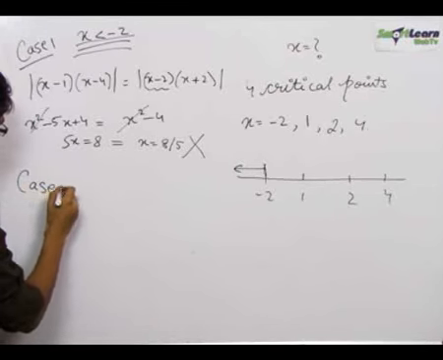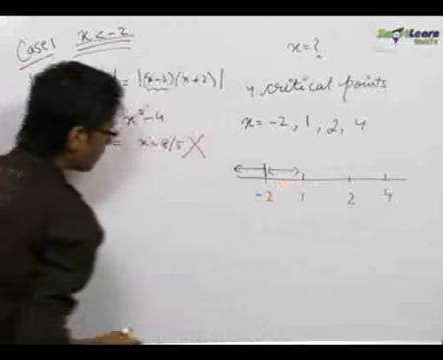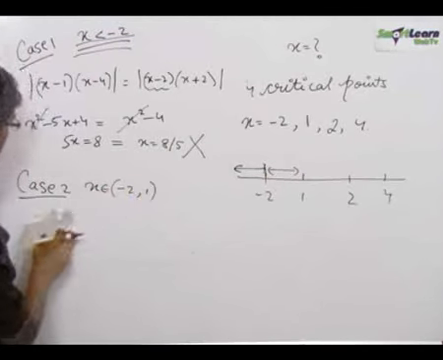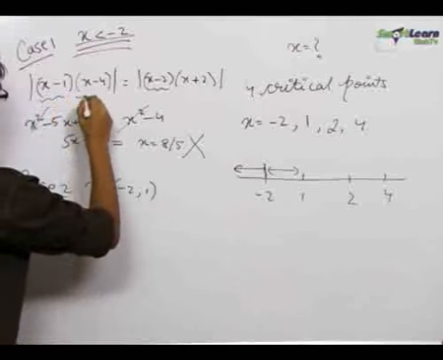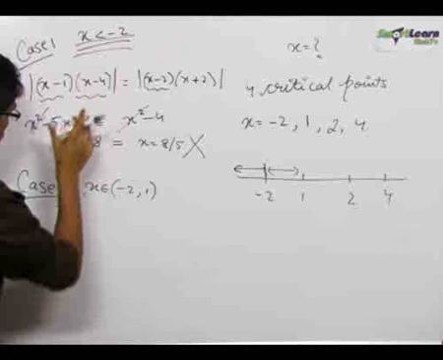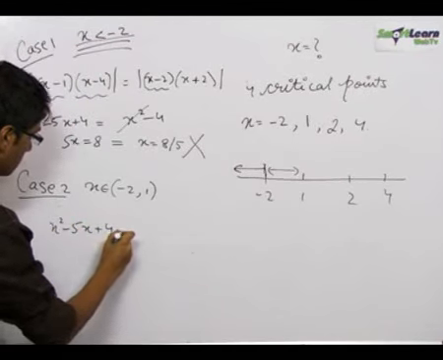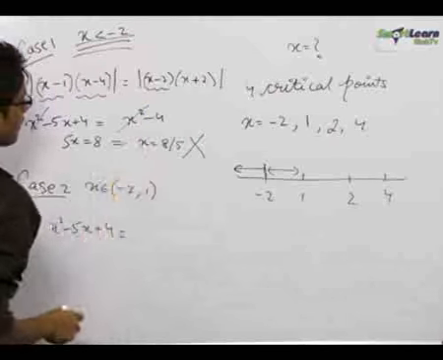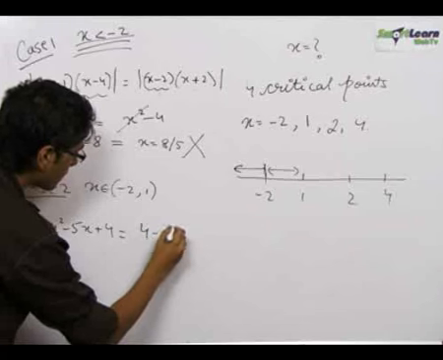Now we have case 2, in which the interval is minus 2 to 1. Now in minus 2 to 1, this is negative, so the total will be positive. This is positive, this is negative, negative into positive is negative, so it will open as 4 minus x square.